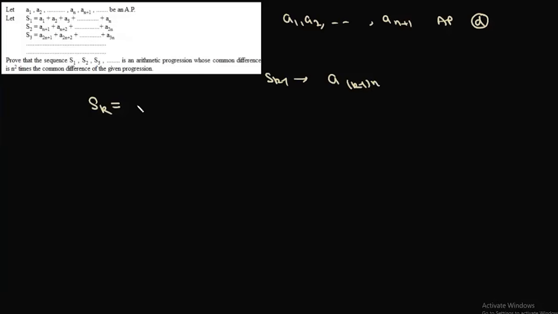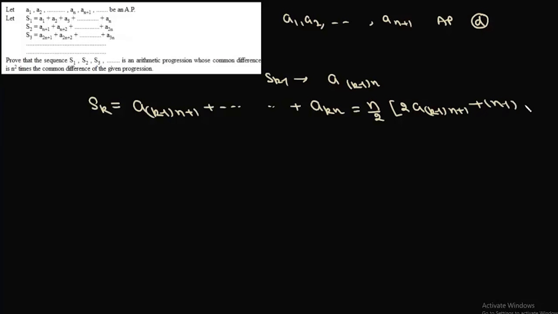Now here its first term will be a((k minus 1)n plus 1), and then we'll have n terms, and its last term will be akn. Now this is the sum of n terms of an AP, so its sum will be n by 2, 2a, and a here is a((k minus 1)n plus 1), plus (n minus 1) into d.